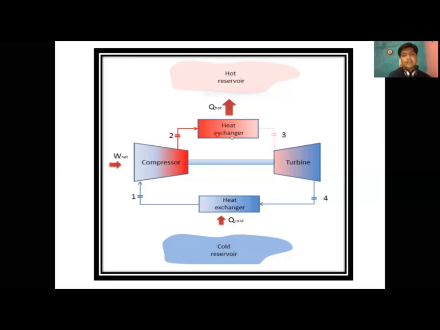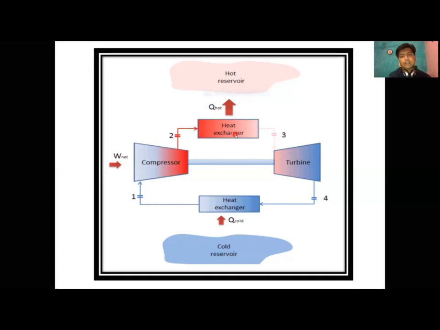Then 2 to 3 is a cooler or heat exchanger, where the high pressure air is drawn into the cooler and heat is rejected to the hot reservoir, outside or the atmosphere, at constant pressure.